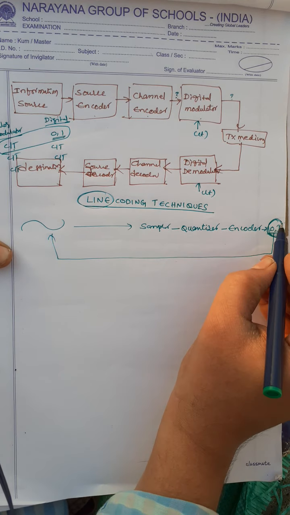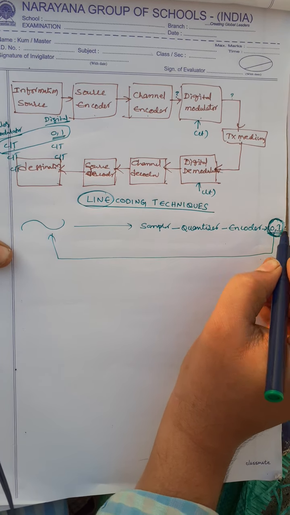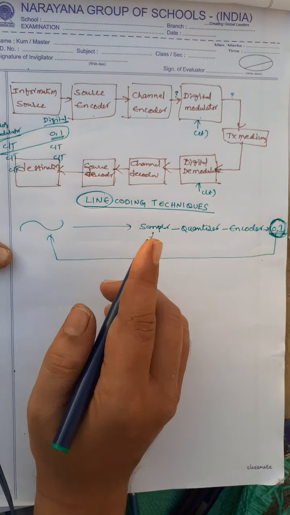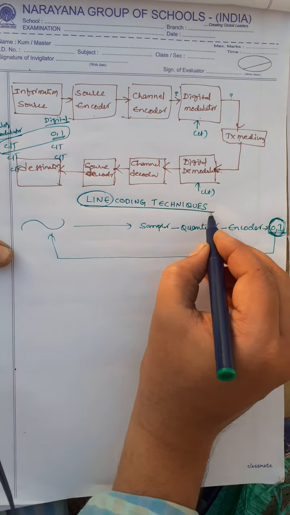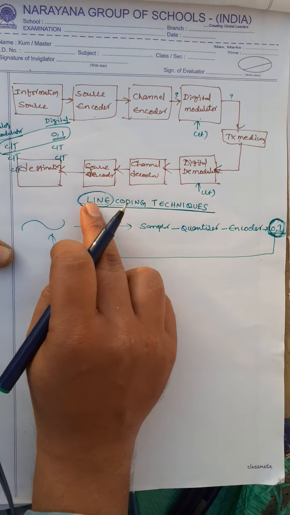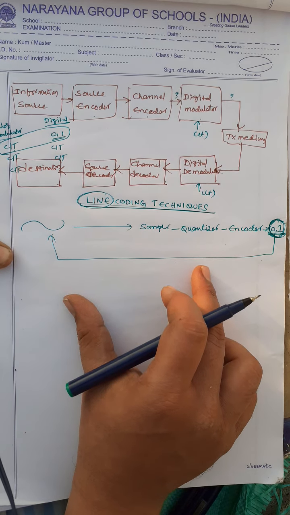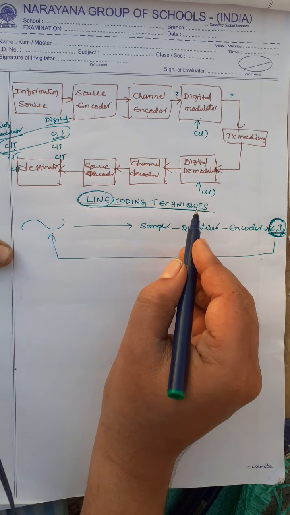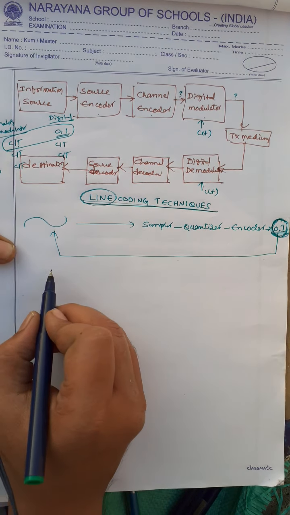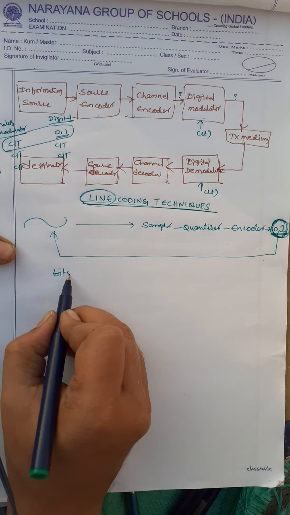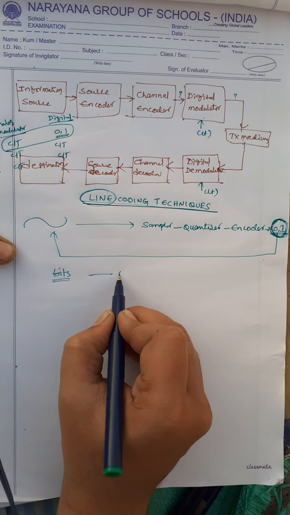First I want to convert these zeros and ones into a waveform. The basic operation of the line coding technique is to convert bits to a waveform. The line coding technique is used to convert binary bits to a waveform.